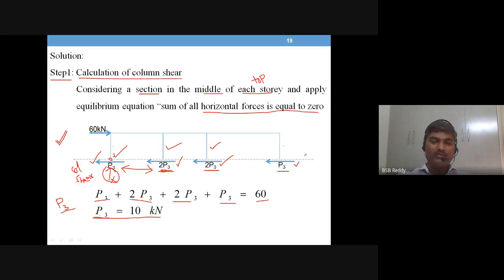So force P3, nothing but what? P3 means exterior column shear values are 10 and interior column shears are 20. See how simple it is. So the 4 columns in the top story have shear force values 10 and 20. 10 exterior, 20 interior. Okay, this is for the top story.